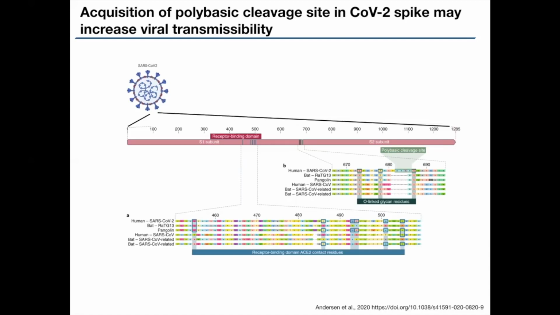It may also enable efficient cleavage by the cellular protease TMPRSS2, the canonical one that's been thought about for this virus. It's particularly important because insertion of a polybasic site in other viruses has been shown to increase transmissibility, particularly for pathogenic influenza viruses. So it's going to be important to figure out whether the same is true for SARS-CoV-2.